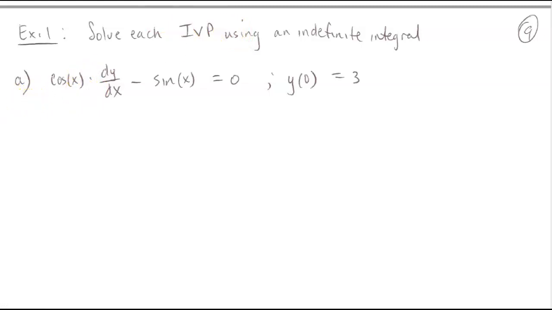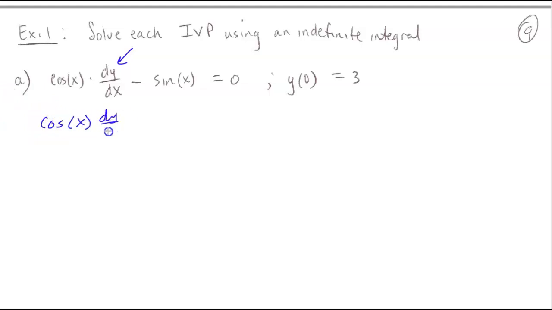All right, so for this example, the first thing we want to do is get this into a form that makes it easy to solve. Since we have two terms on the left side, and one of those terms just has dy over dx, we could rewrite this as a directly integrable equation.